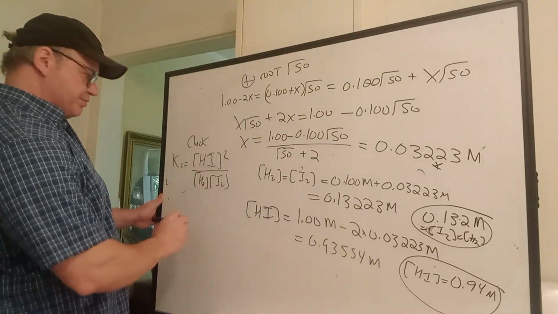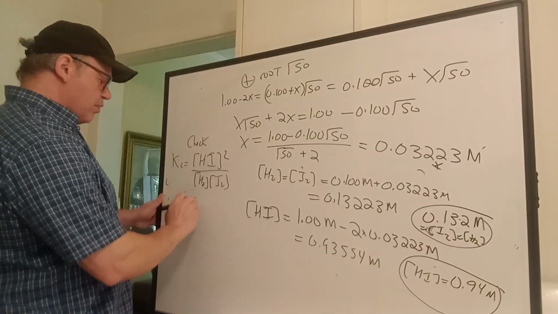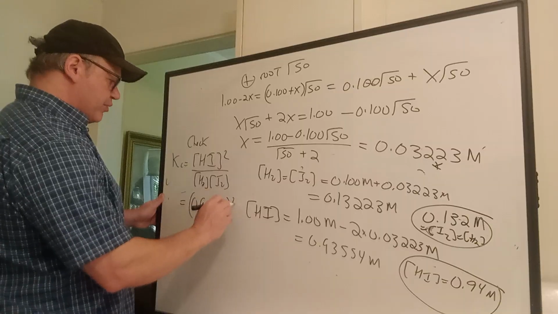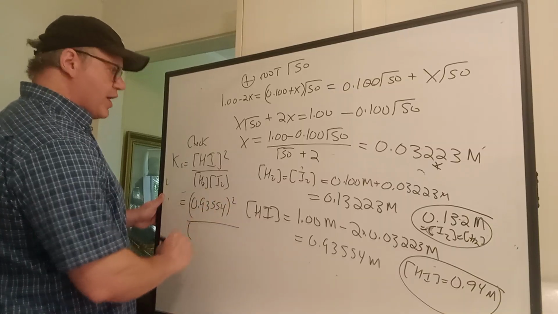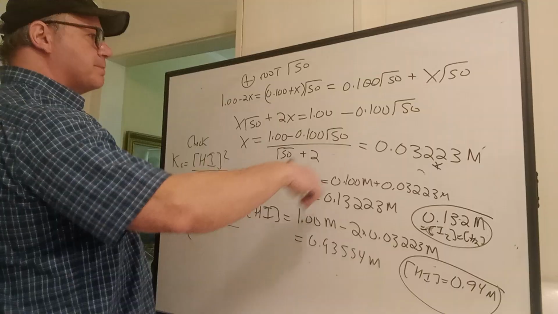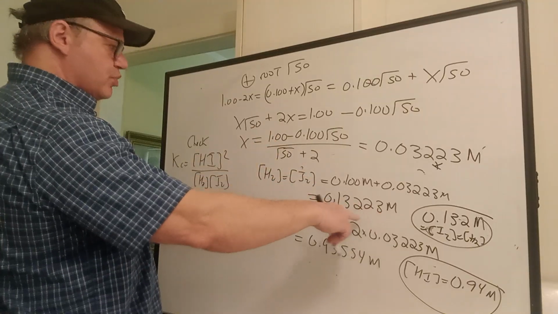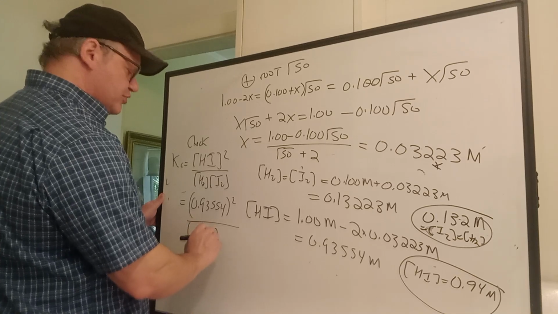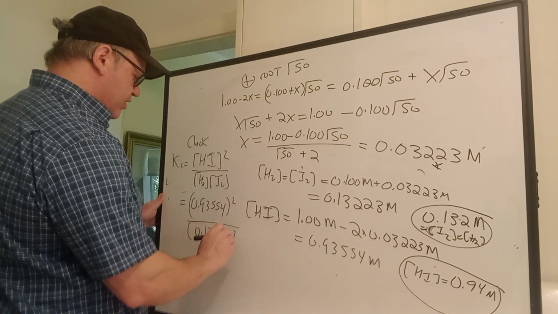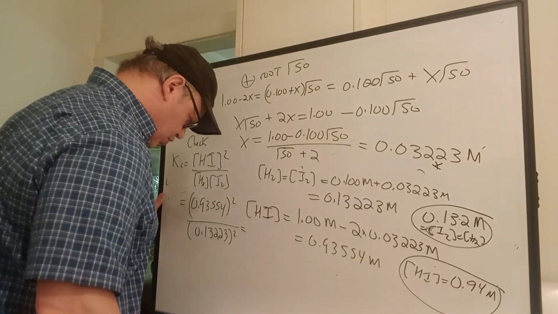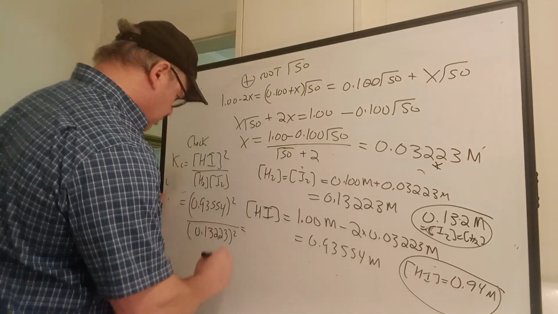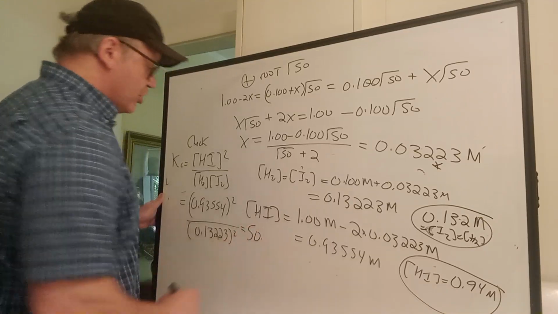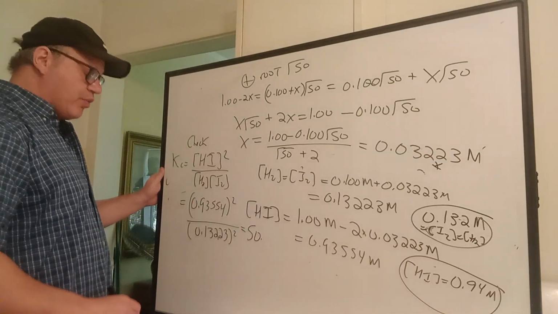So HI is going to be 0.93554 squared, and then we have the two same values down here squared for the H2 and I2. That's going to be 0.13223 squared, which is equal to approximately 50. It was 50 point something. So that's good.